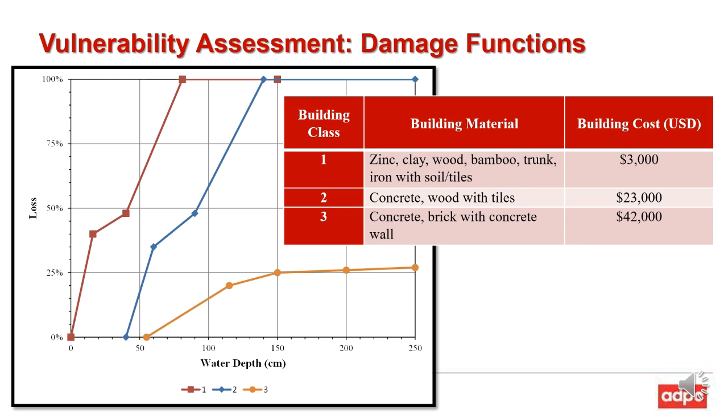The building will face more losses, while the concrete brick with concrete wall may face lesser trouble due to the water depth. Of course, the building cost differs, so altogether overall damage will be different if we put it in terms of total cost.